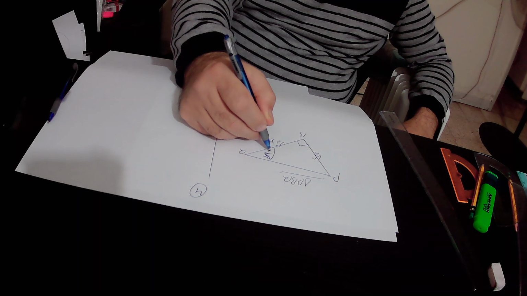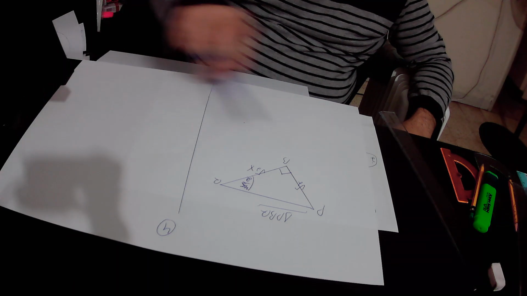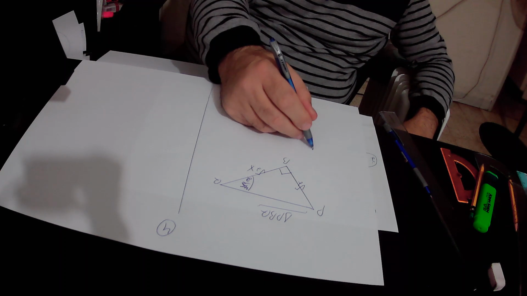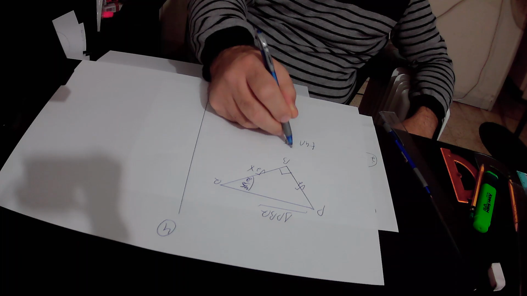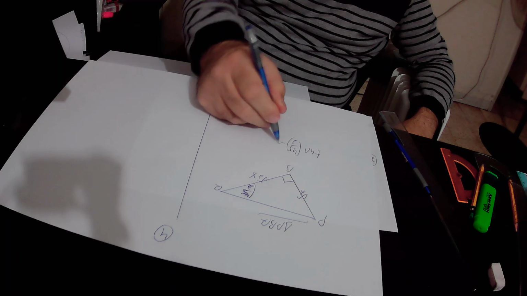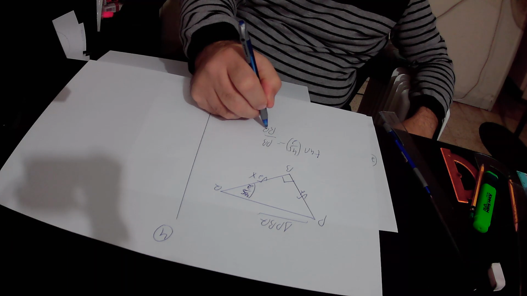So in this right triangle PBQ, tangent 45 over 2 degrees equals PB over BQ.